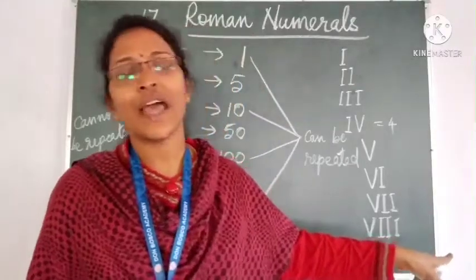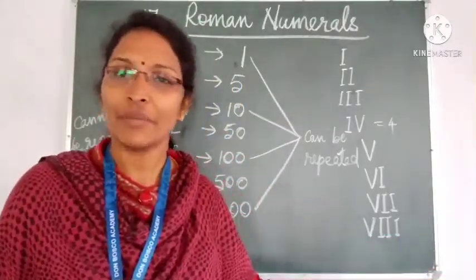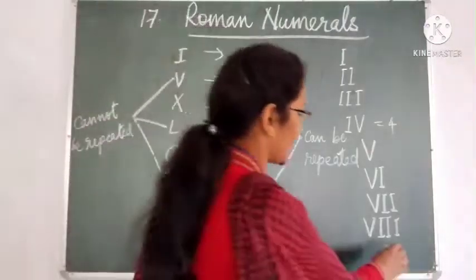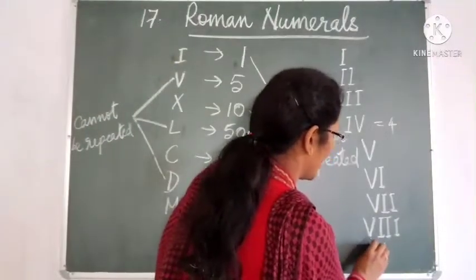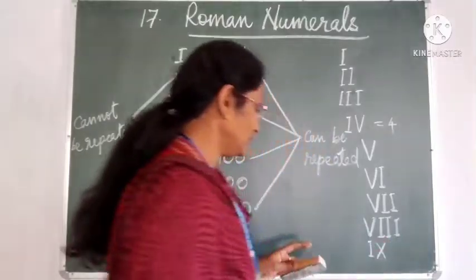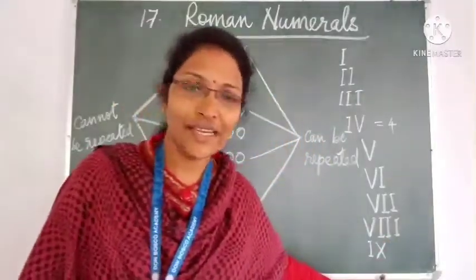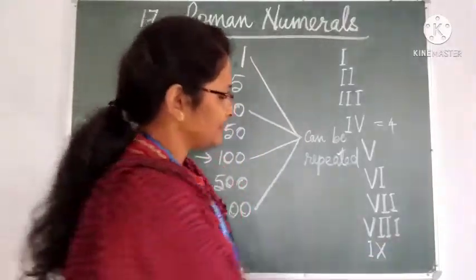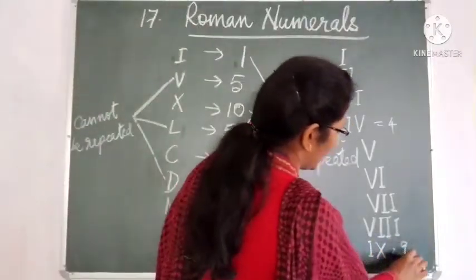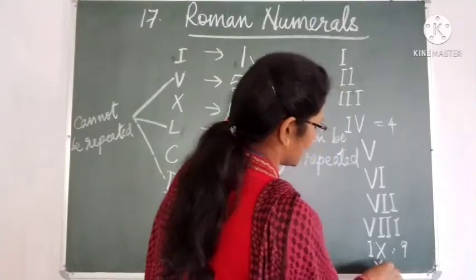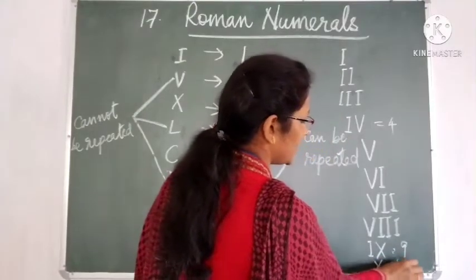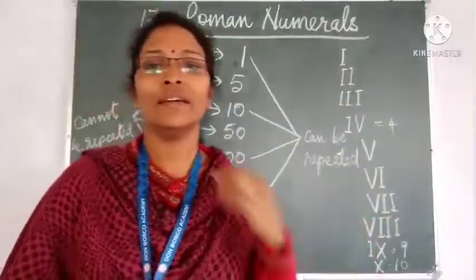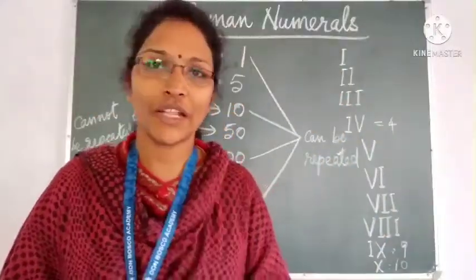We cannot, as a Roman numeral will not be repeated more than 3 times. We will write 10 minus 1. For 9, 10 minus 1. And X we will write for 10. This is the way we have to write the Roman numerals.